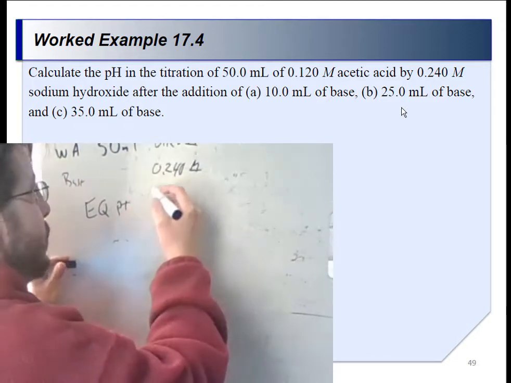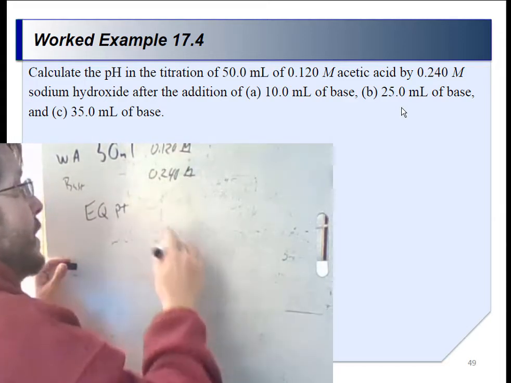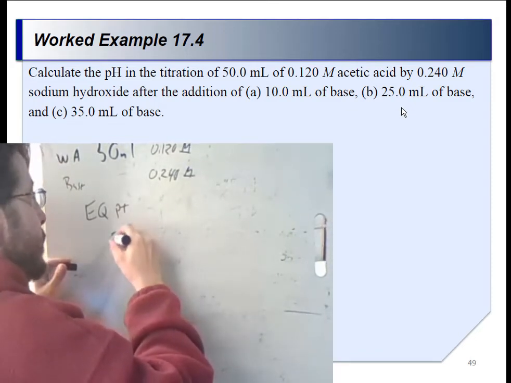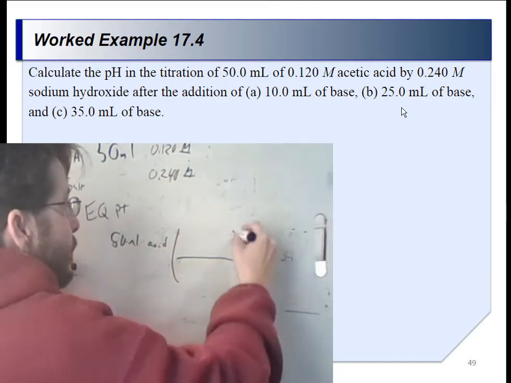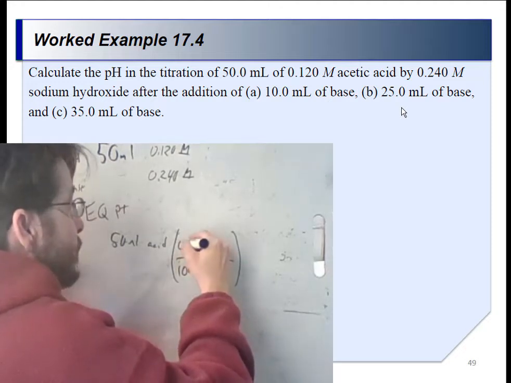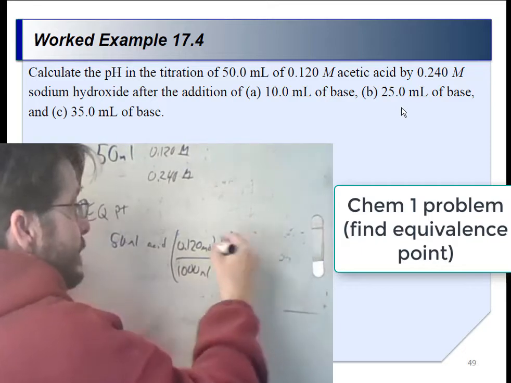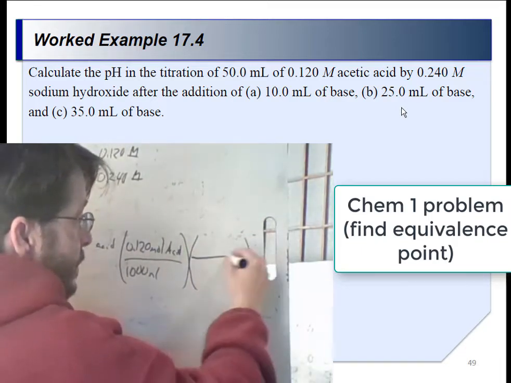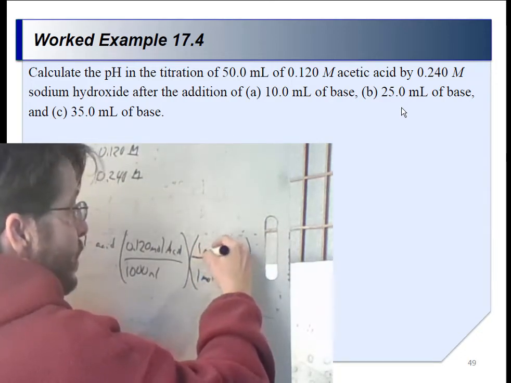So the equivalence point, well, we know because this is a one-to-one neutralization, that if we started with 50 mils of acid, for every 1,000 mils of acid, that's equivalent to 0.120 moles of acid. And 1 mole of acid is equivalent to 1 mole of base.